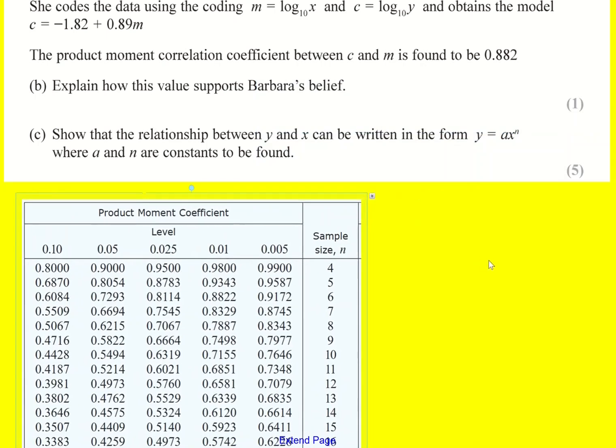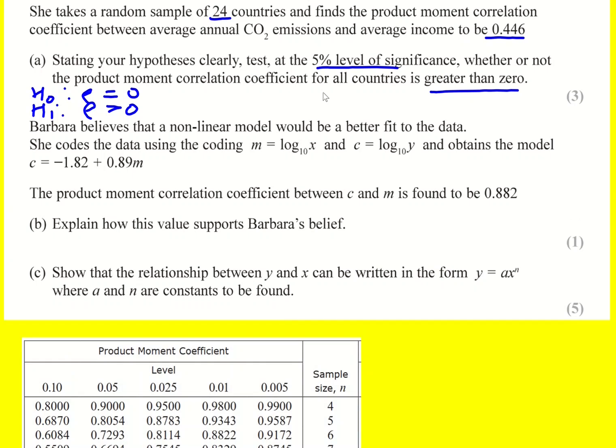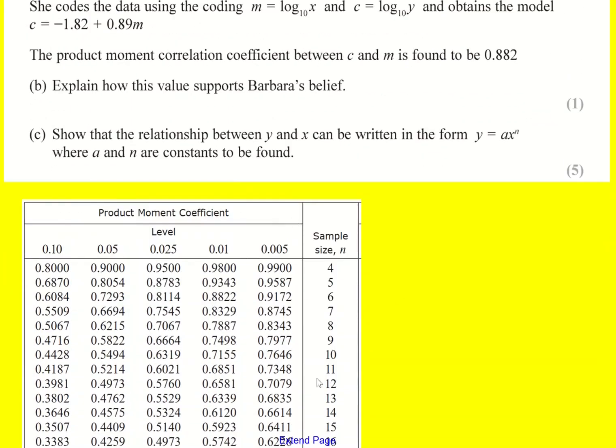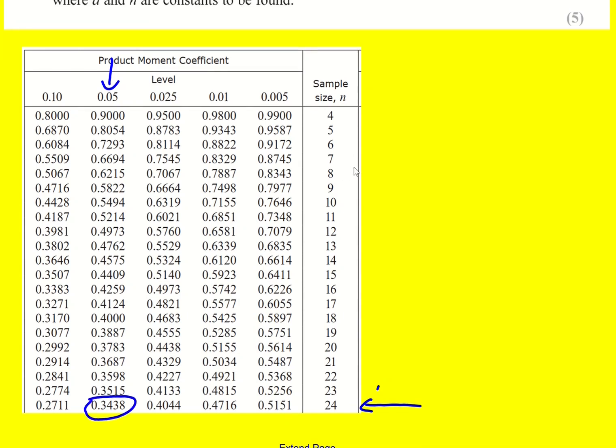So here we go. We are doing a 5% significance level. N is 24. So we're going to look along this row and down this column. That's our critical value for whether there's correlation or not.